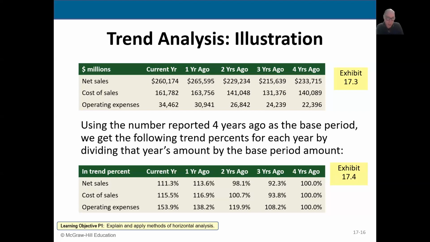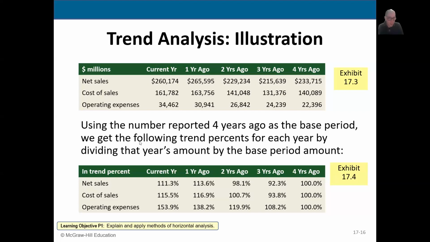For example, for net sales, current year we have 260,174. Back in year 5, or 4 years ago, we have 233,715 net sales. So current year divided by the base year, year 5, gets us 111.3%.